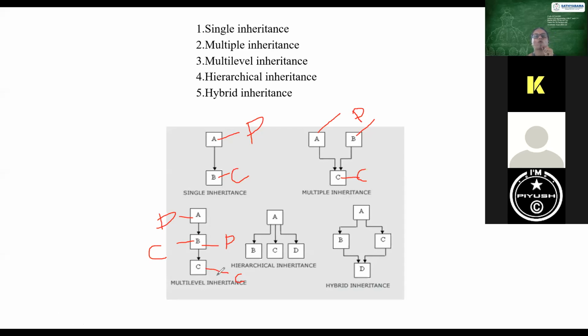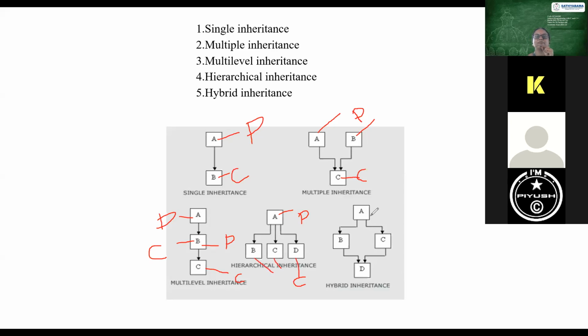Hierarchical inheritance. What is hierarchical inheritance? Very simple. One parent class, and from that one parent class I can derive two or more child classes. B, C, D are my child classes. Then hybrid inheritance.